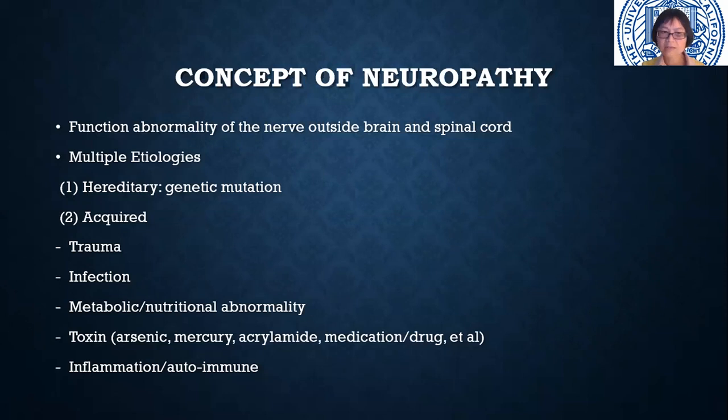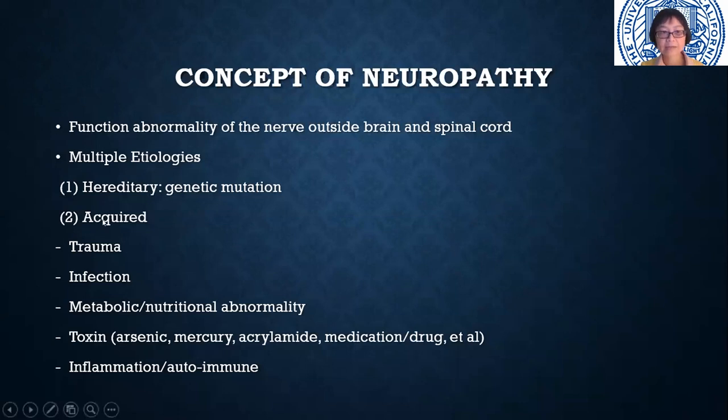Then what causes neuropathy? Well, there are multiple reasons. There are two big categories of neuropathy. One category we call hereditary neuropathy, that is caused by genetic mutation. It could be from your parents or just something happening very suddenly while you were a baby, not necessarily from your parents, because the human genome can have a spontaneous mutation.